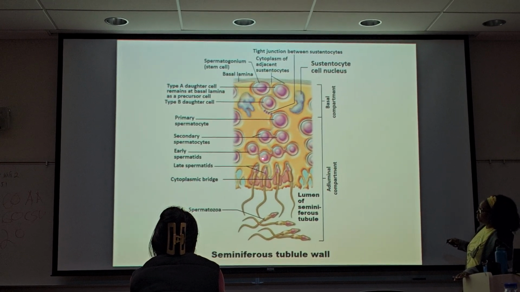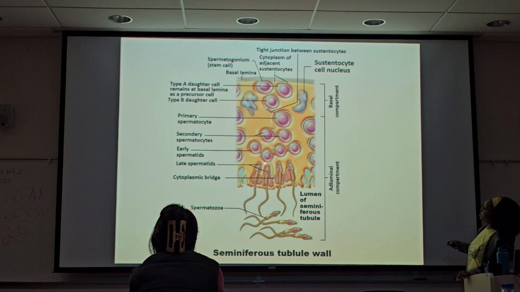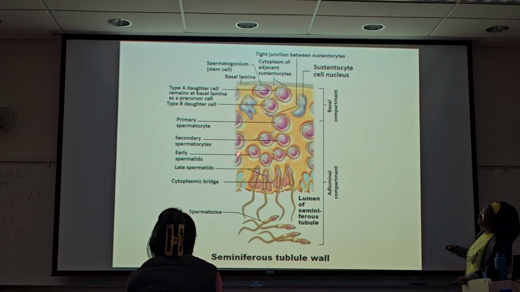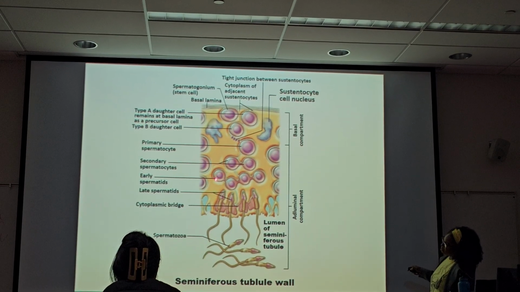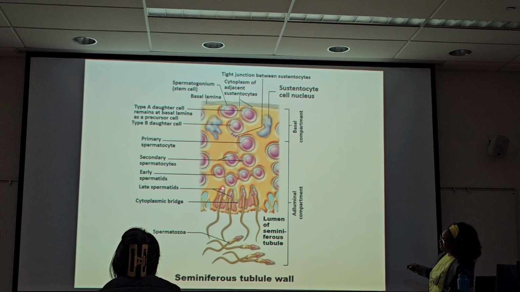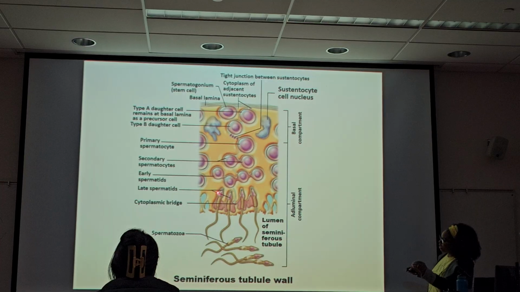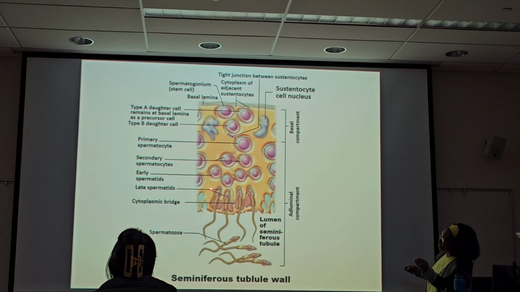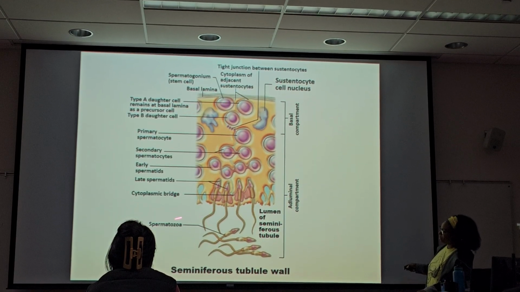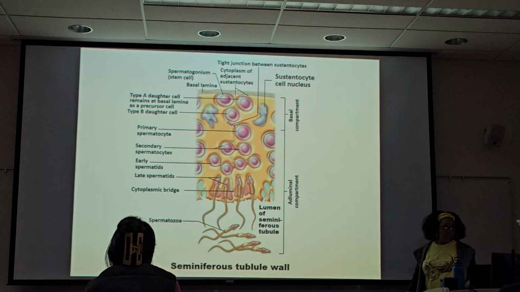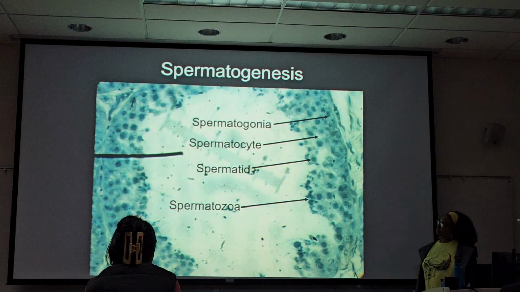And then those will physically change through the process of spermiogenesis, through the process that shrinks the head, or the actual cell, which is the head of the sperm. It loses cytoplasm, it shrinks or narrows, and a tail develops. And now, as spermatozoa, they will enter into the lumen of the seminiferous tubules.